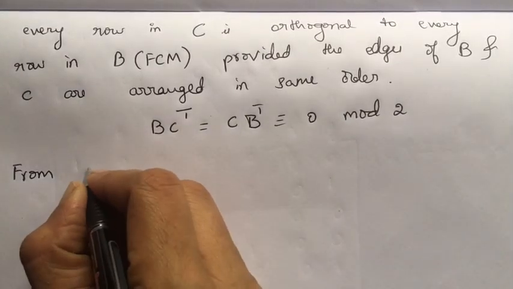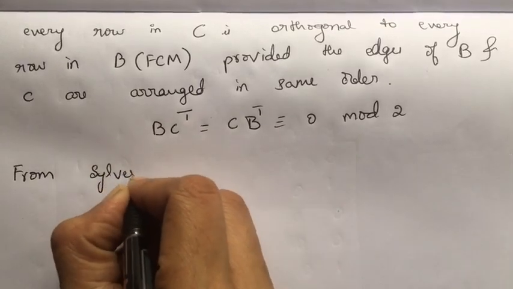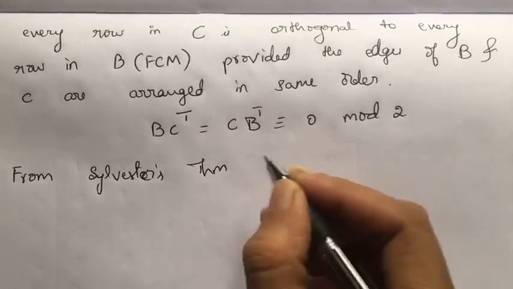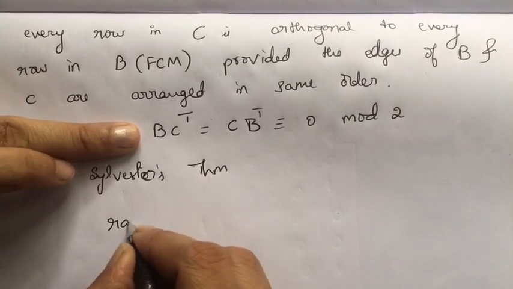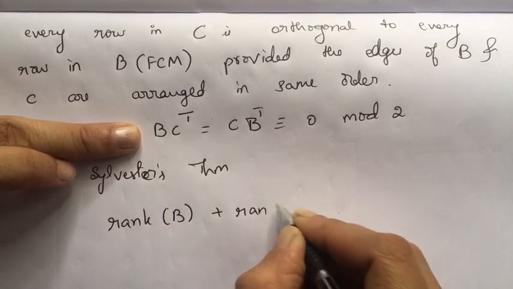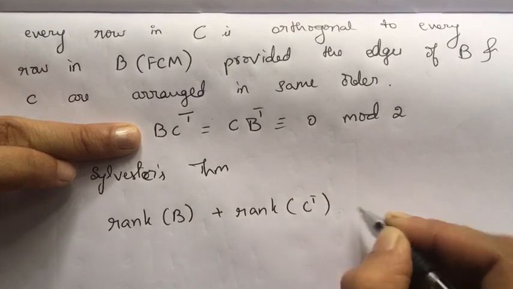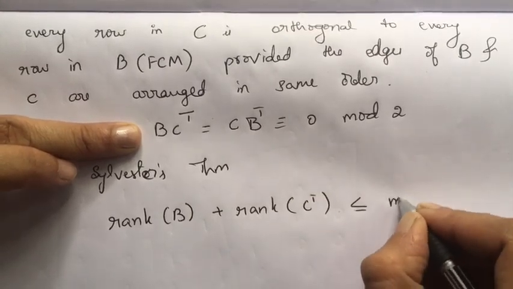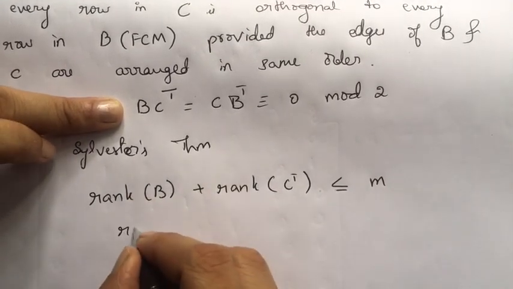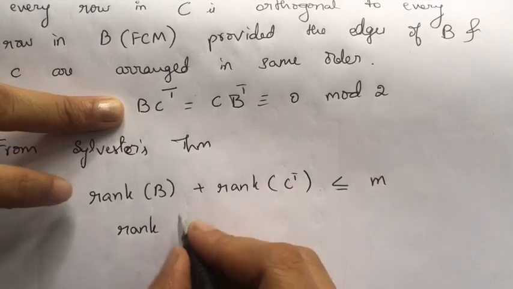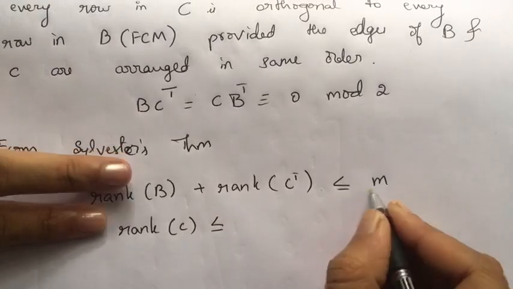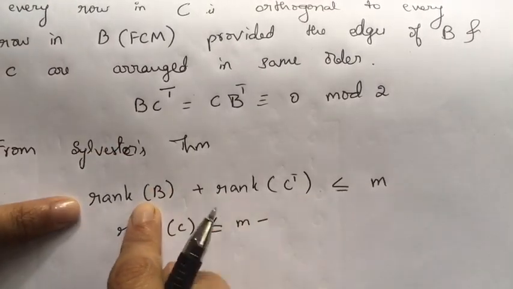So now from Sylvester's theorem, I'm going to write rank of B plus rank of C transpose is less than or equal to the number of edges, which I'm considering as m. So rank of C transpose is the same as rank of C. Therefore, rank of C is less than or equal to m minus rank of B.